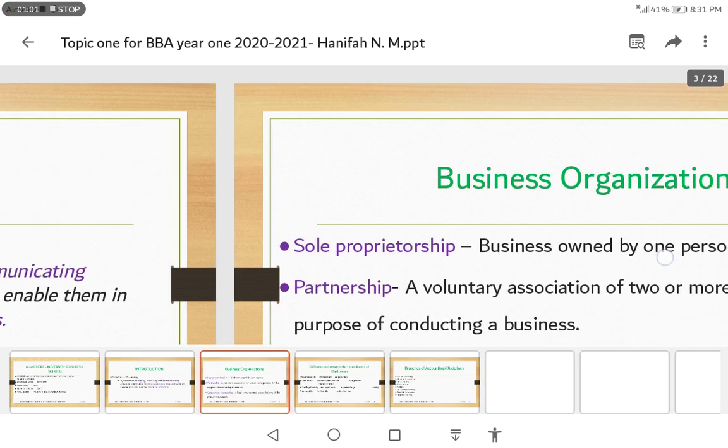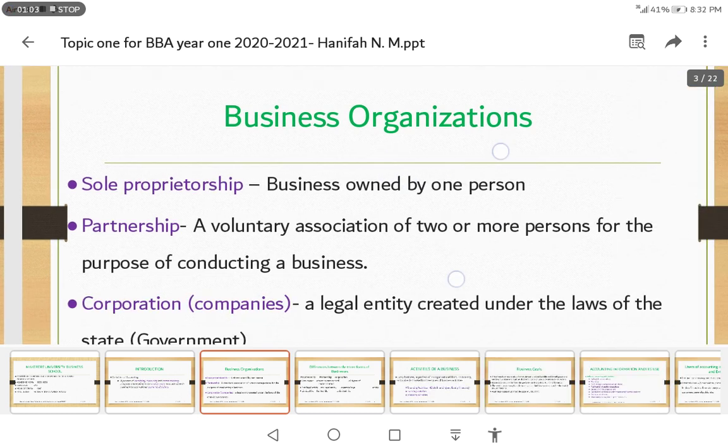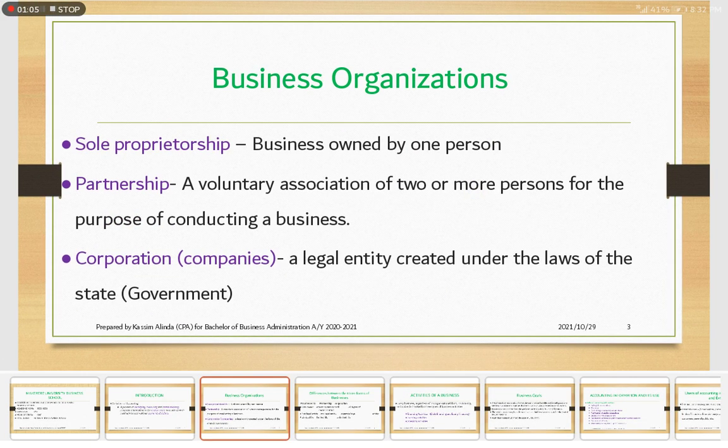Then moving on, we have business organizations. With business organizations, we have sole proprietorship, whereby the business is owned by one person, and partnership, a voluntary association of two or more persons for the purpose of conducting a business.